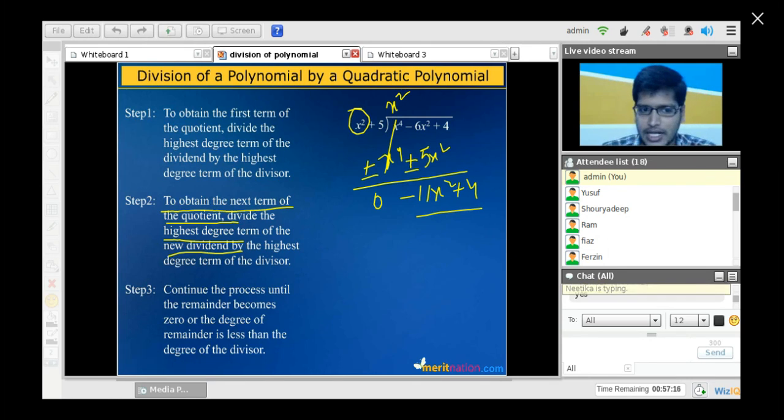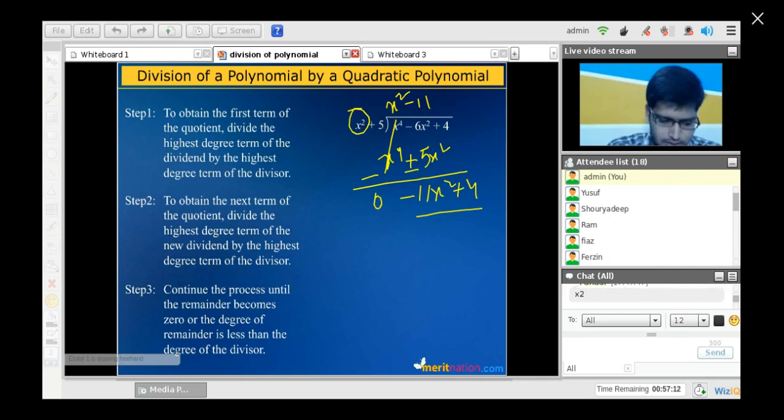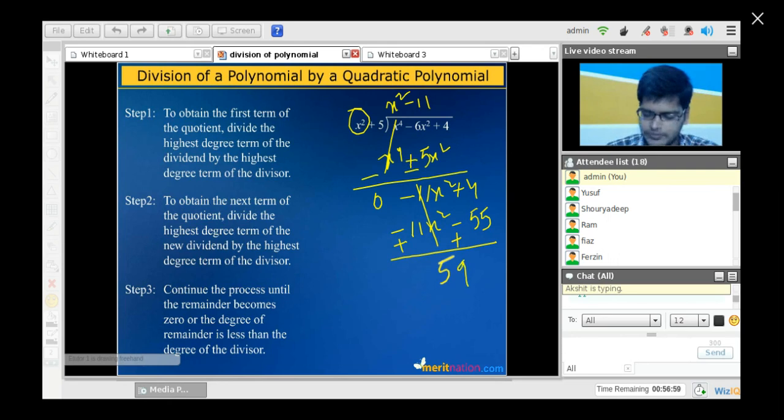To eliminate the highest degree term of the dividend, I'll be multiplying by minus 11, such that it is minus 11x squared and minus 55. Both get cancelled, and 4 plus 55 is 59. So is it further possible for me to divide this 59? No.